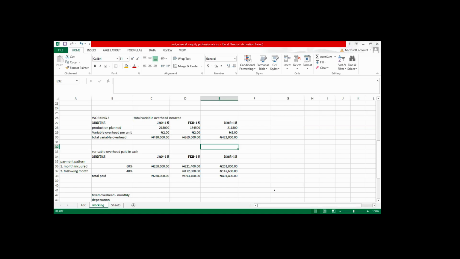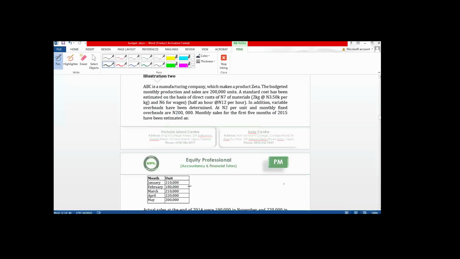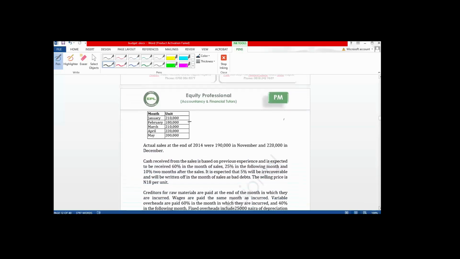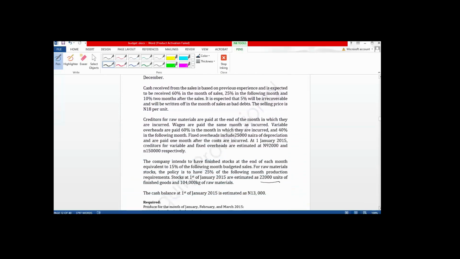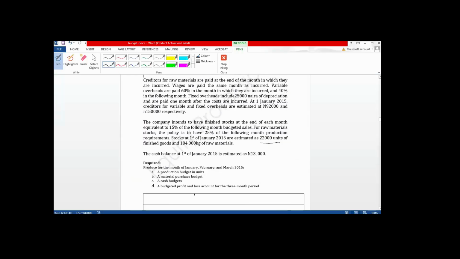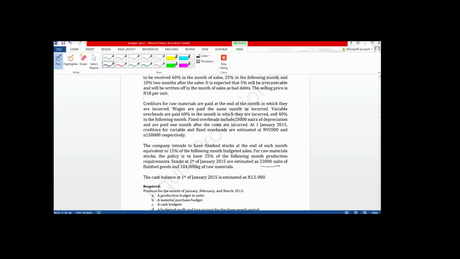Now let's go and look at the policy. We are going to finish the cash budget, at least. Look at the policy on variable overhead. Look at it here, please.